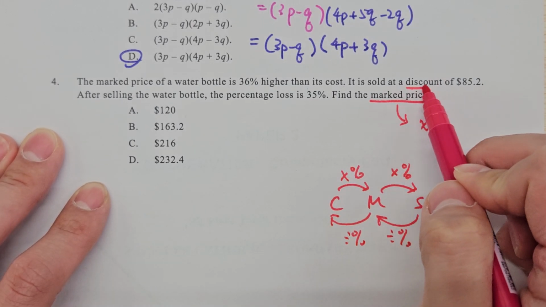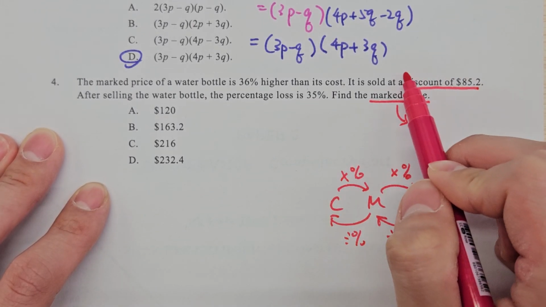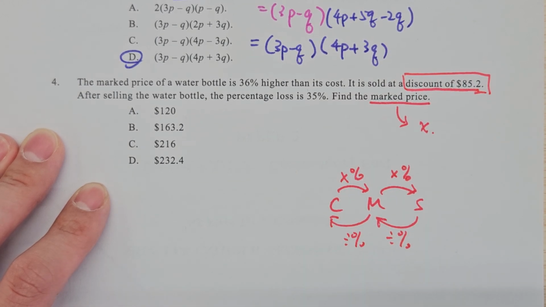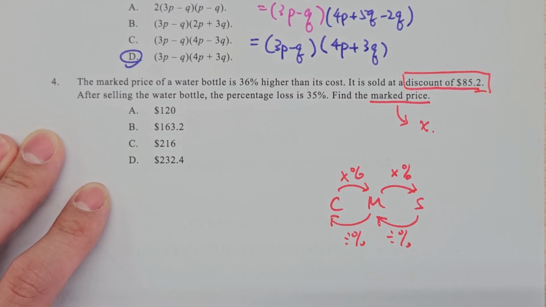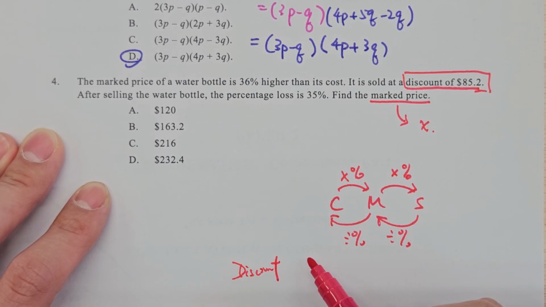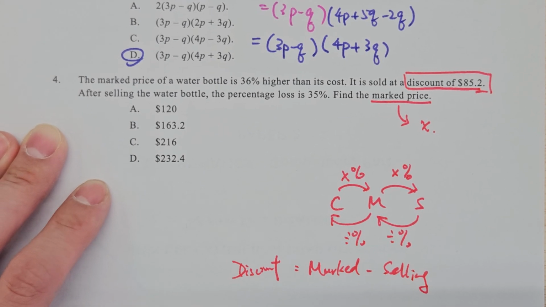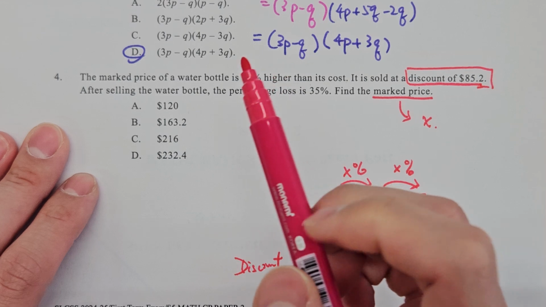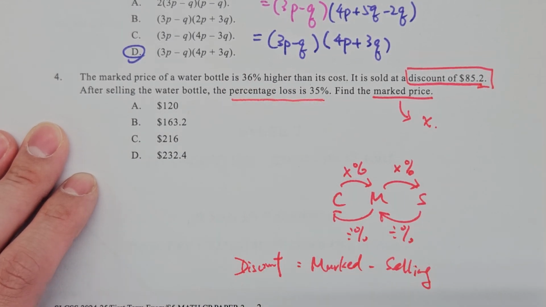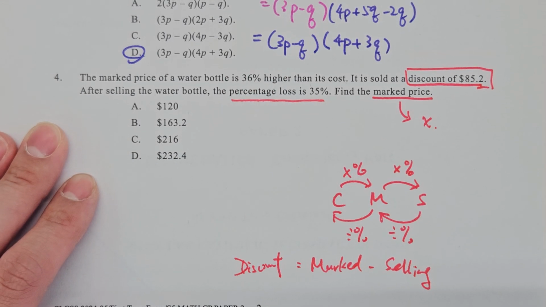And the discount here, we know the discount is $85.2. We have to know that the discount is the market price minus the selling price. And lastly, for the percentage loss, it's 35%, right?